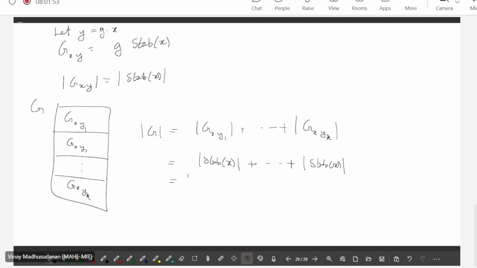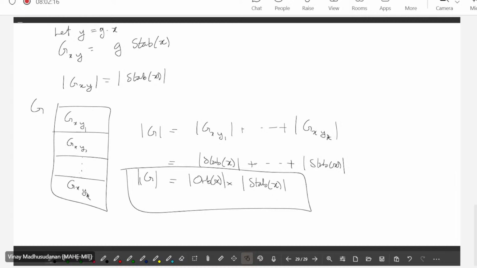So this is k times the order of the stabilizer. What is k? The number of distinct elements in the orbit. So that is the orbit-stabilizer lemma, or orbit-stabilizer theorem.